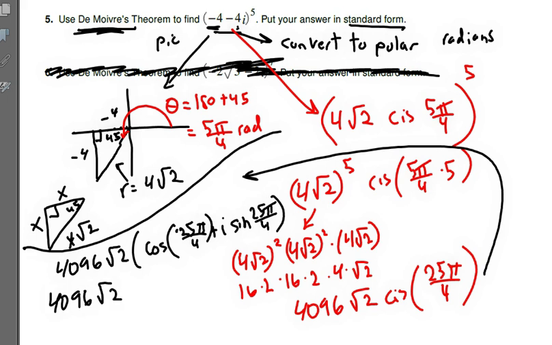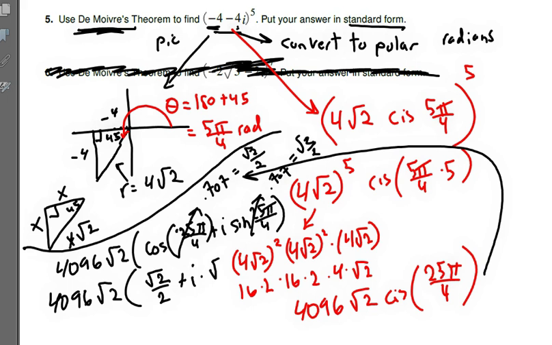If we just evaluate cosine 25 pi over 4, we get 0.707, which we recall is equal to root 2 over 2. If we do sine of 25 pi over 4, type it in the calculator, you get 0.707, which you know is root 2 over 2. It's kind of a back way of doing it, but that's okay.